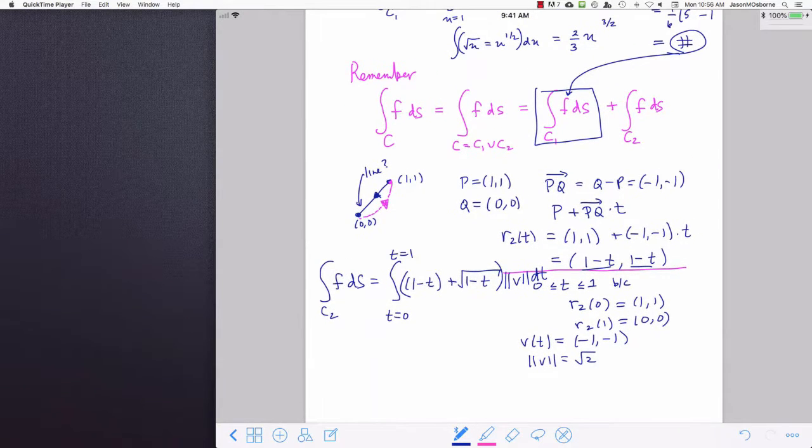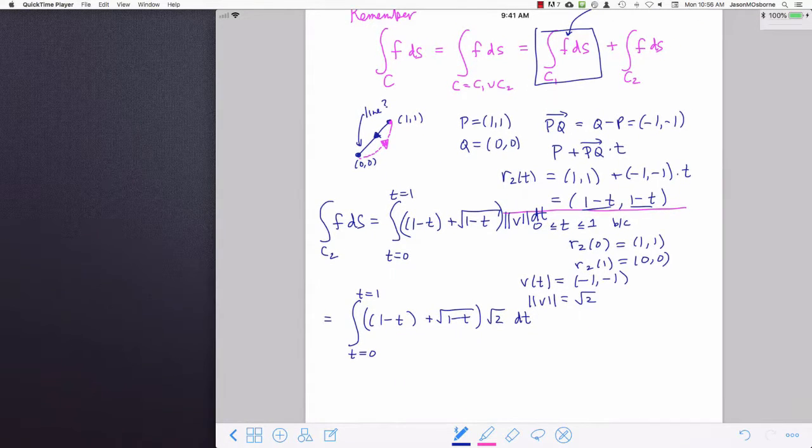So the integral that's in our future is the integral from t equals 0 to t equals 1 of 1 minus t plus the square root of 1 minus t times the square root of 2 dt. And that's the integral that we need to spend some time thinking about. I'm going to jot it down on my scrap piece of paper here before I move to the next page.